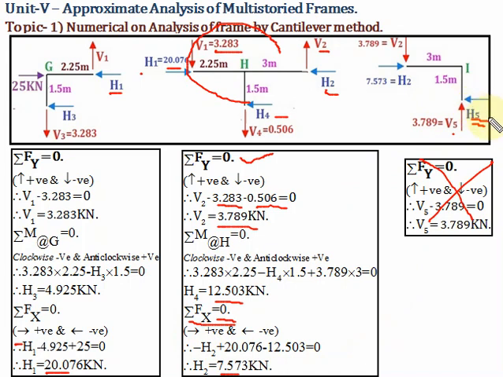If you apply it, 7.573 will be equal to H5. So the value of H5 is 7.573, and it will be towards the left-hand side.